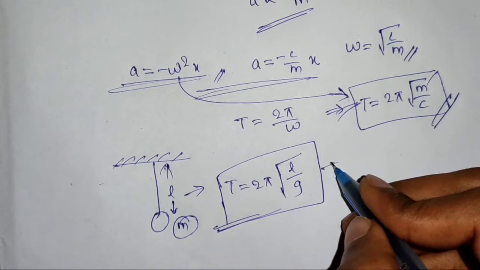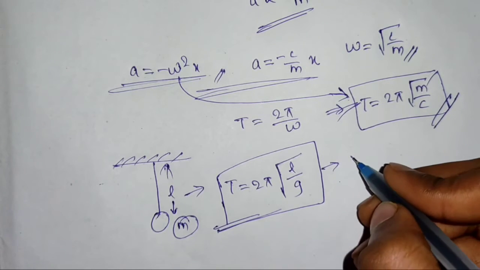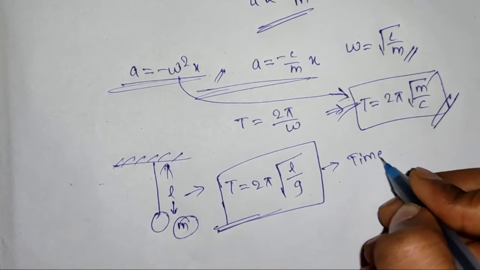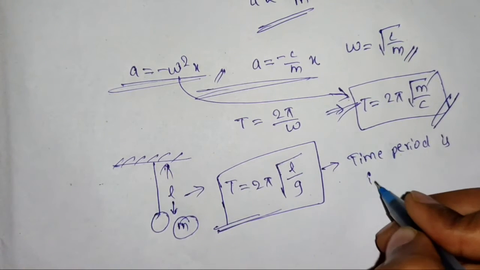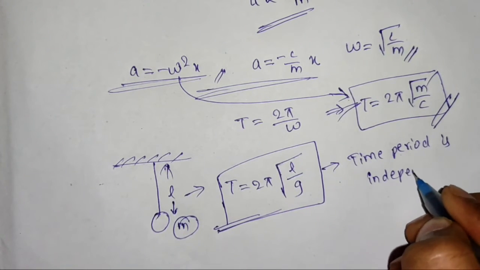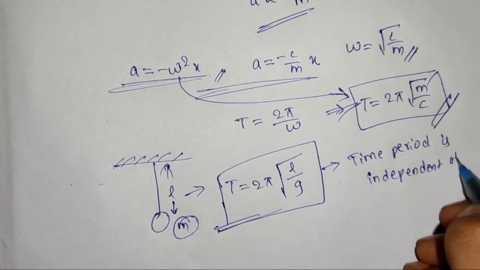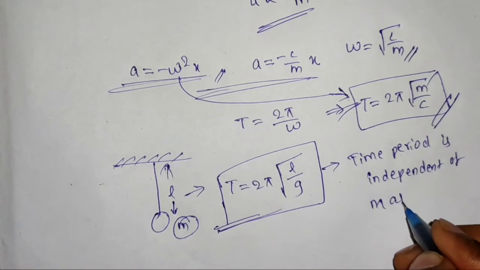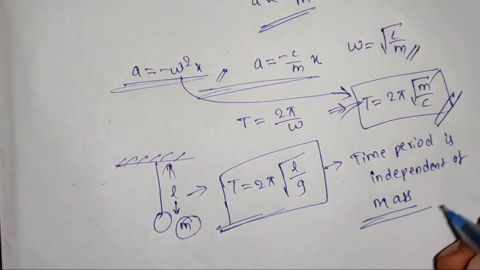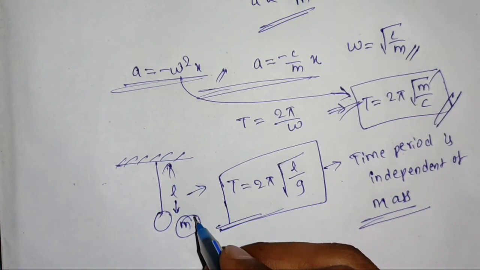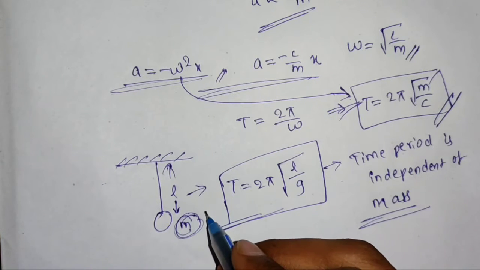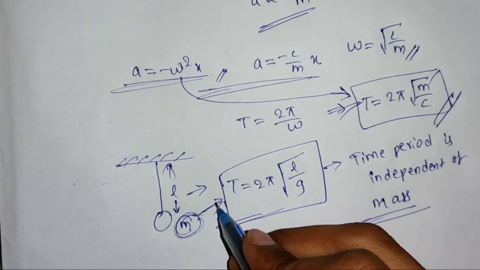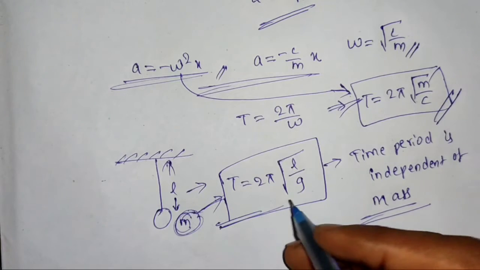This time period is independent of mass. Okay, if you increase the mass of the bob or decrease the mass of the bob, time period won't change. Okay, this also you have to remember.